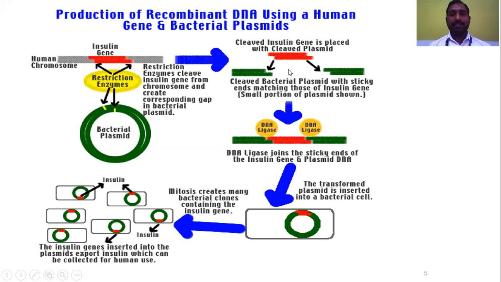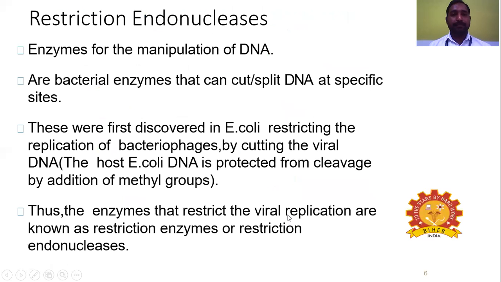Once the ligation step is over, we transform it into the host cells. The host cells will express this recombinant bacterial plasmid and start to produce insulin continuously. Finally, we are able to get the insulin protein through these bacterial cells.